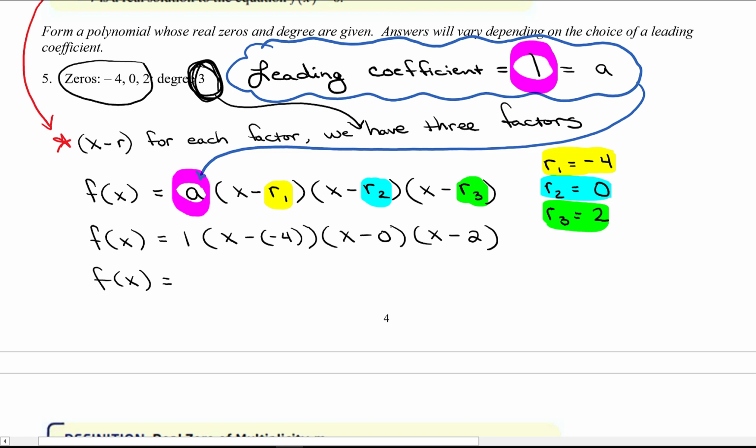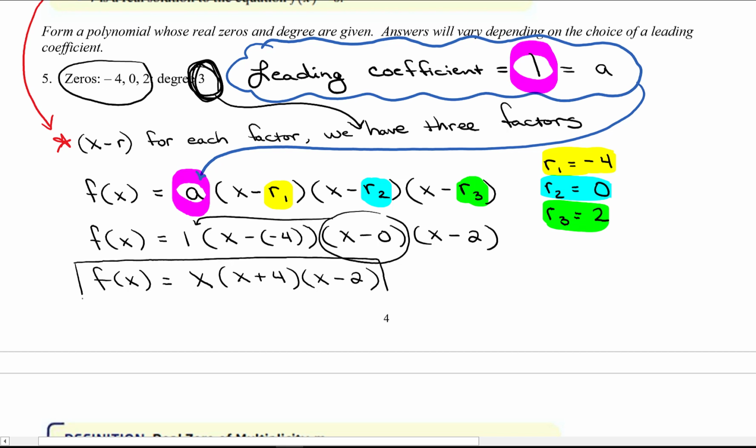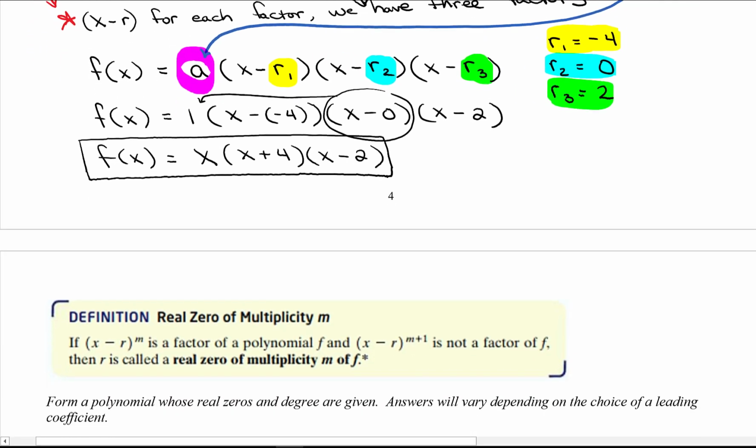And that x minus 0 I can write just as an x out in front. And x minus a negative 4 is the same as x plus 4. Then we just have x minus 2. So there we go, that's our function. We have written out our function. Not too bad, huh? Kind of fun.